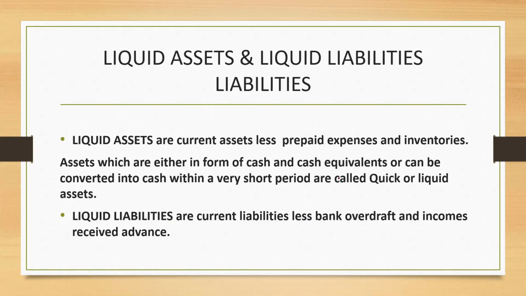Now, talking about what liquid assets and liquid liabilities are. A liquid asset is something that can be converted into cash whenever needed. So current assets less prepaid expenses and inventories gives you liquid assets.